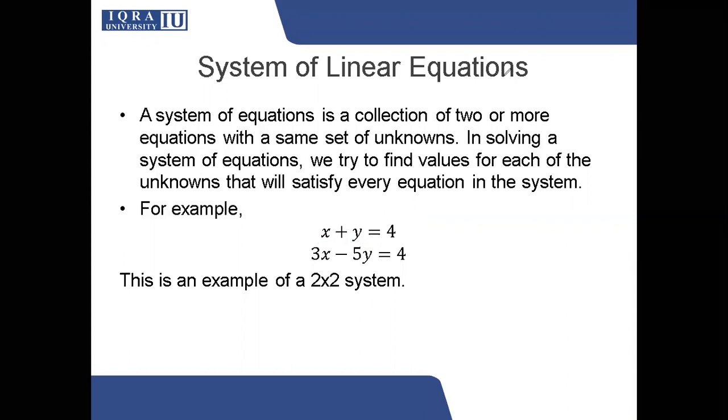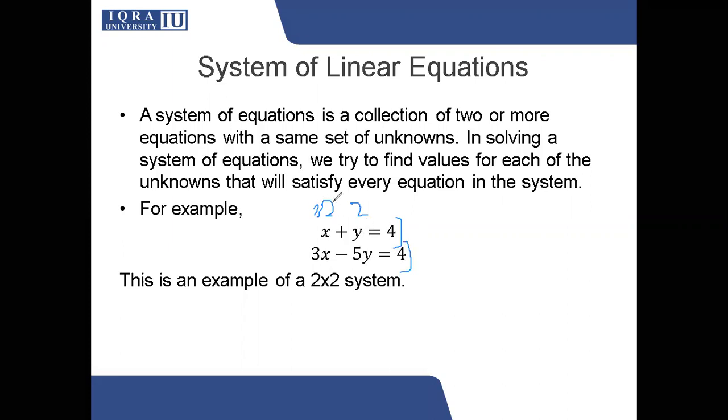Now you have to realize that, for example, in this system, I can say that x is 2 and y is 2 as well for the first equation. Now this x equals 2 and y equals 2 satisfies the first equation, but does it satisfy the second equation? In hindsight, it does not. 3 times 2 is 6, 5 times 2 is 10, 6 minus 10 is minus 4, and we need the answer of 4, right?